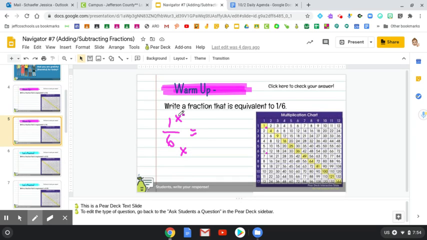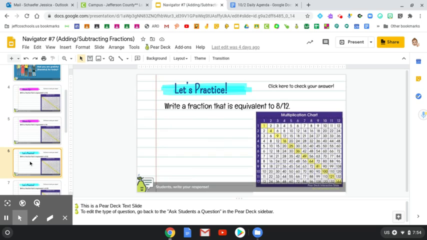You can choose literally any number you want to multiply by, so long as what you do to the top, you do to the bottom. Maybe I choose 5. 1 times 5 would be 5. 6 times 5 would be 30. If I look, 5 is happening with 30, and it's across from where I was with my original numbers. Okay? Use that to help you as you're working through these problems.